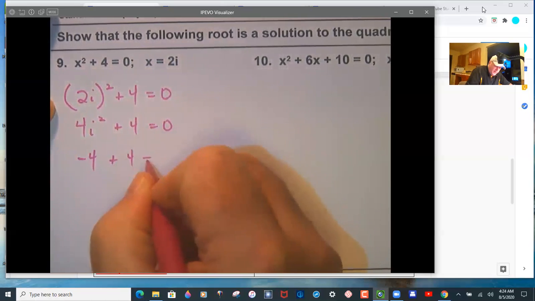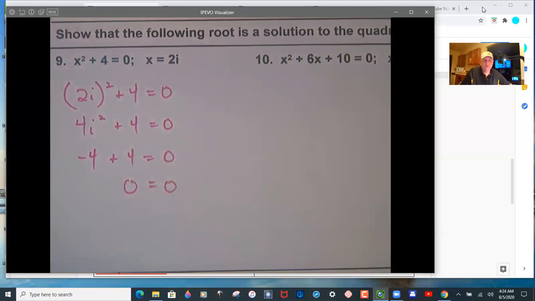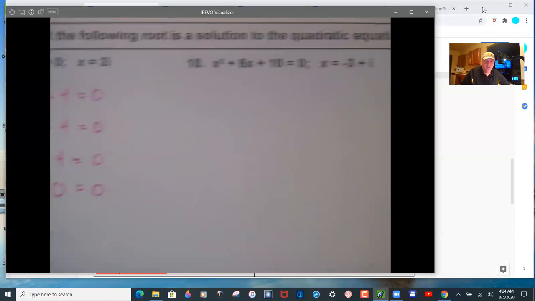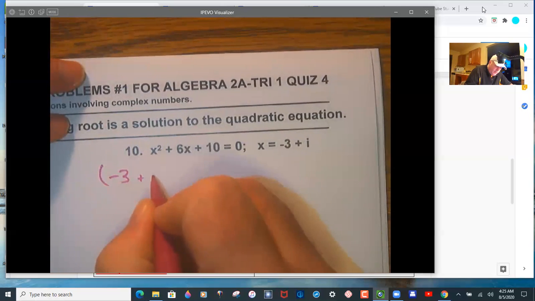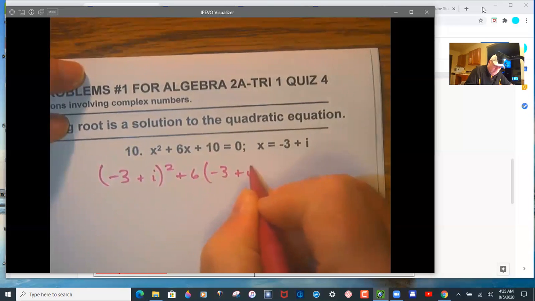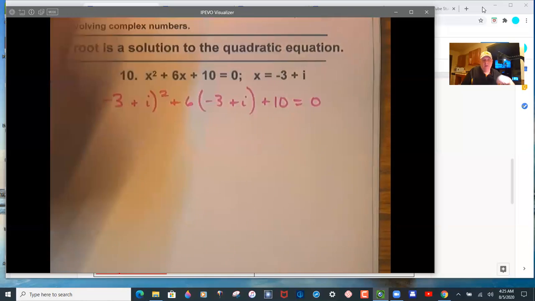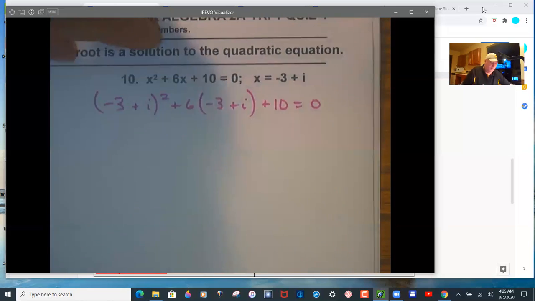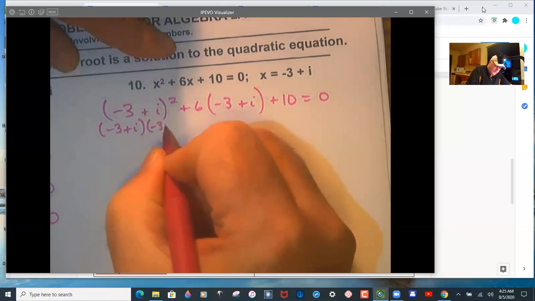Can't make stuff up on your work. So you have to get to 0 equals 0. Same thing over here. The negative 3 plus i is going to go in. Plus 10. So we got to come up with a 0 equals 0. So I need to see all of these steps done out correctly.